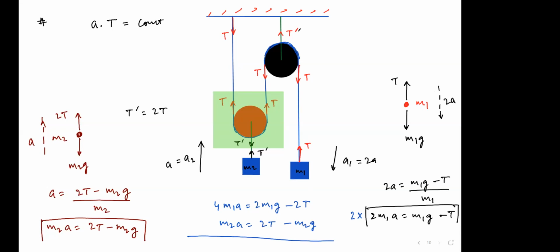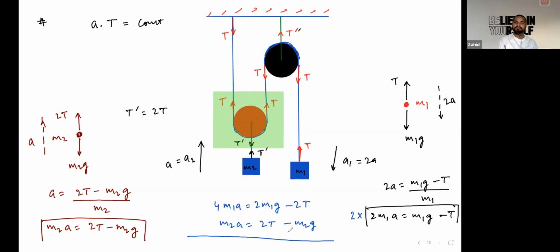No, sir, we are supposed to add these two, right? Yeah. Whenever you have to add any two equations, keep in mind the coefficient of tension in the two different equations must be equal so that on adding, these two terms would cancel out each other. That's why I have multiplied this first equation by 2 so that this tension becomes 2T.